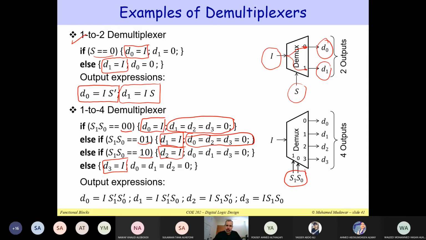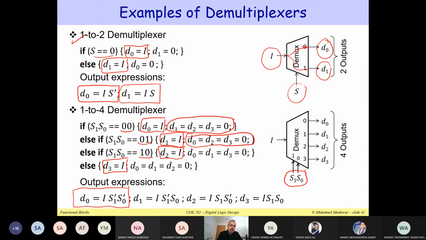When you have a 1 to 4 demultiplexer, we have 4 outputs. Each output can be written with a very simple expression. D0 is equal to I when S1, S0 are both equal to 0 and 0. So it is I and S1 prime and S0 prime.